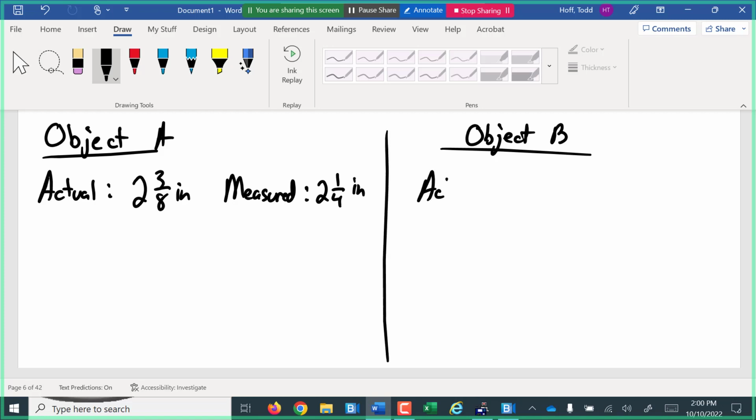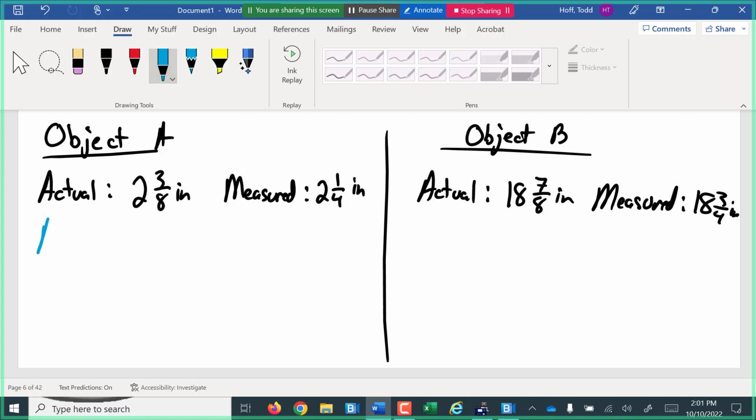Object B has an actual size of 18 7/8 inches and is measured as 18 3/4 inches.